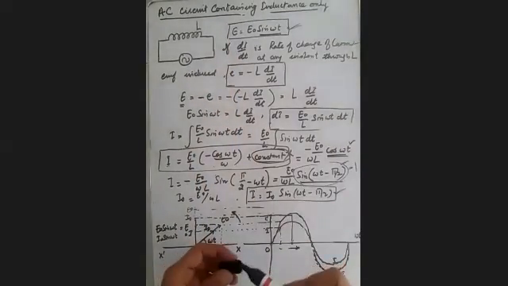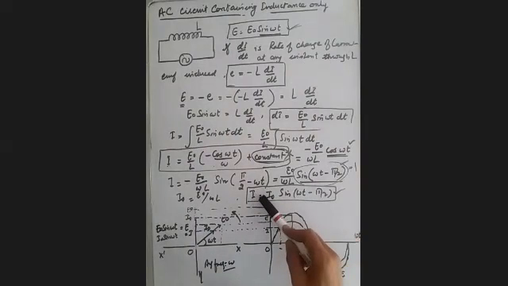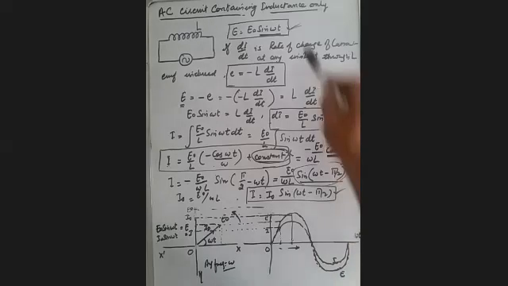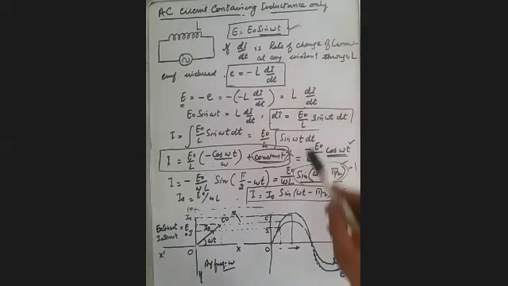So you see that there is a phase difference between the current, AC current, alternating current and alternating EMF. And now in this case, the alternating current is lagging the alternating EMF, or the EMF is leading the current, or the voltage in this case is leading the current. So there will be a phase difference between the two.